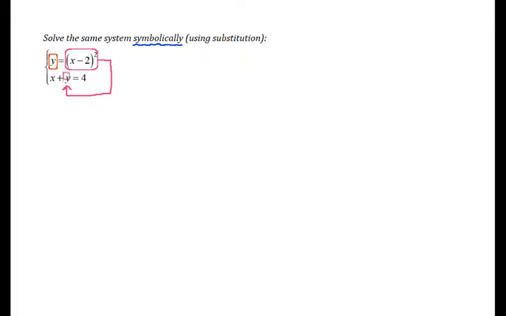The way I substitute is I solve one equation for a variable, and then I substitute that expression into the other equation. So I have x plus, and then the y that I'm replacing with (x minus 2) quantity squared, and then going back to my original equation, I get equals 4.